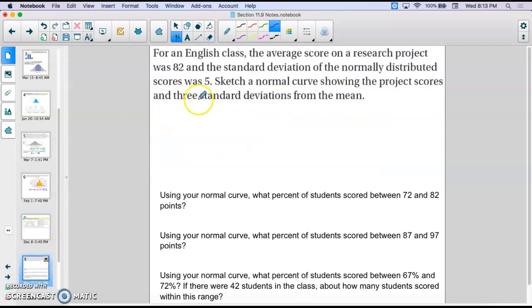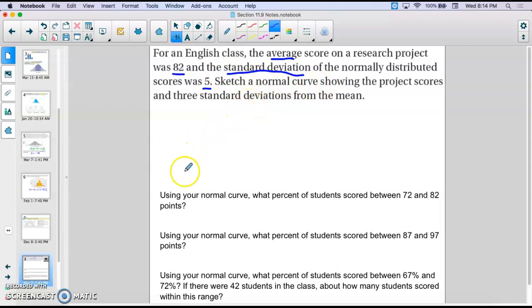Okay, so for an English class, the average score on a research project was 82, and the standard deviation of the normally distributed scores was 5. So we've got a standard deviation of 5 and an average of 82. Sketch the normal curve showing the project scores for 3 standard deviations of the mean.